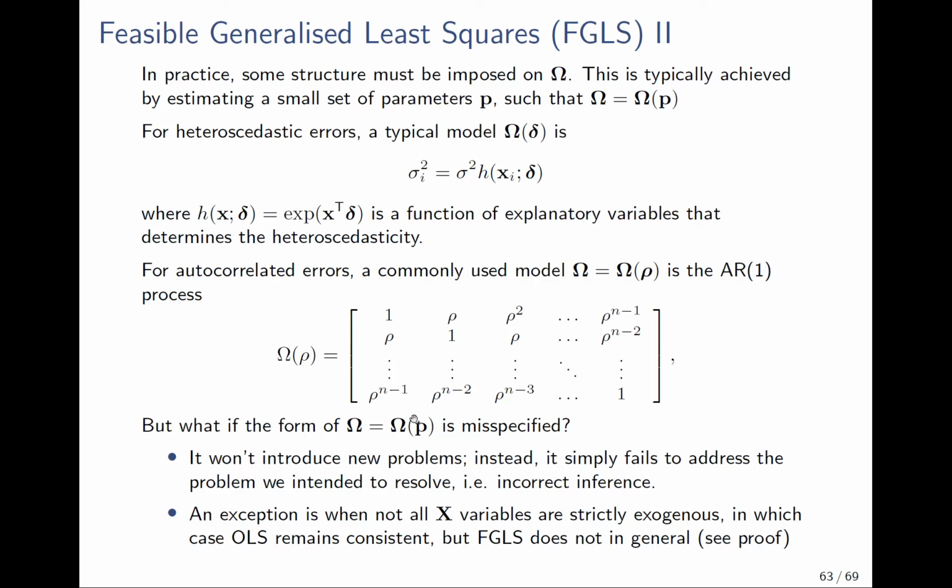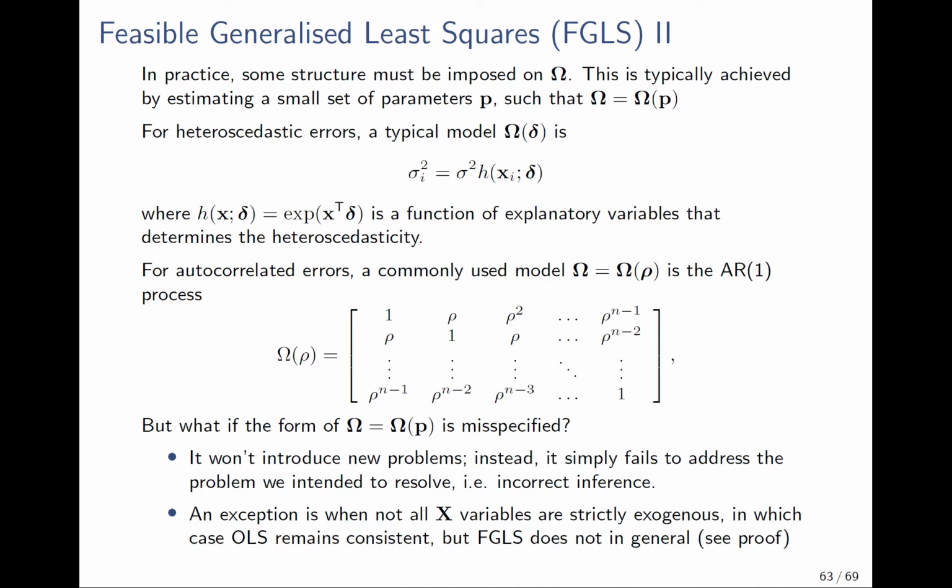For autocorrelated errors, a commonly used model is the AR1 process that we've already met. In this case, omega is specified as a function of the single parameter rho with the structure shown on the slide: ones on the diagonal, and powers of rho on the off diagonal, decaying as observations get further apart in time. But what if the form of omega is misspecified?